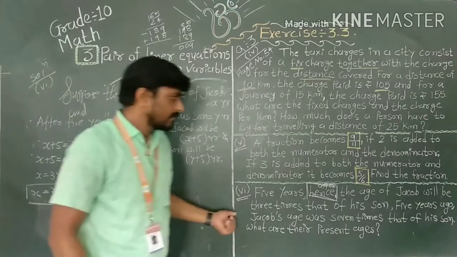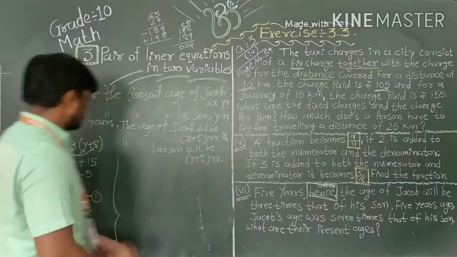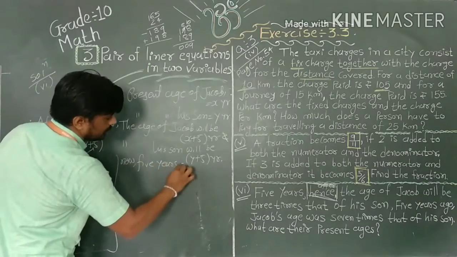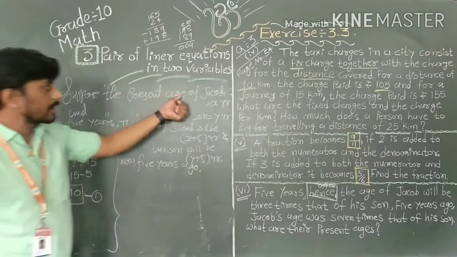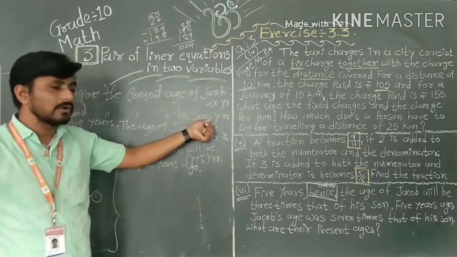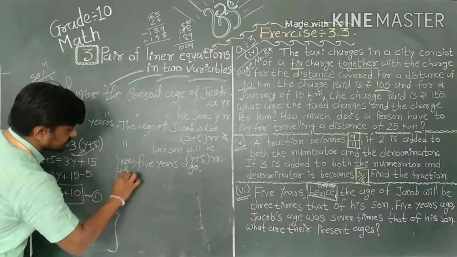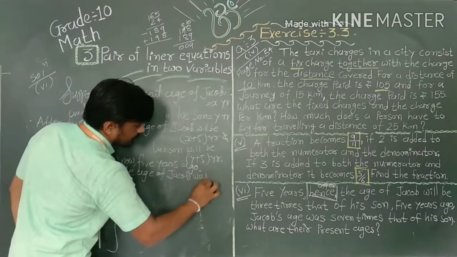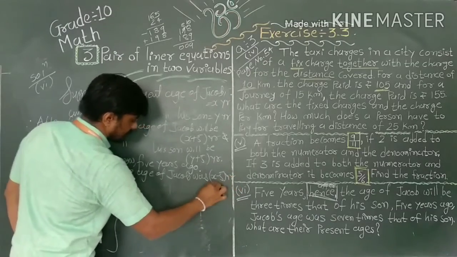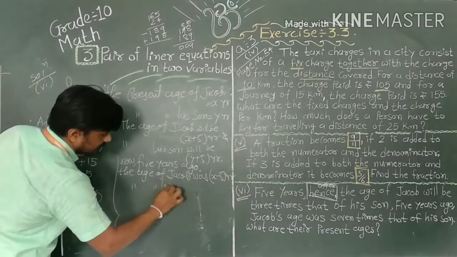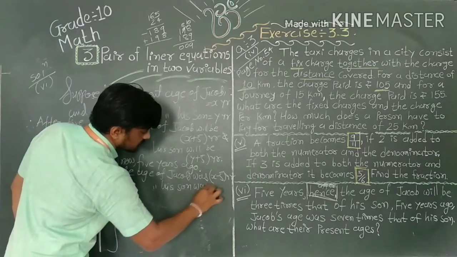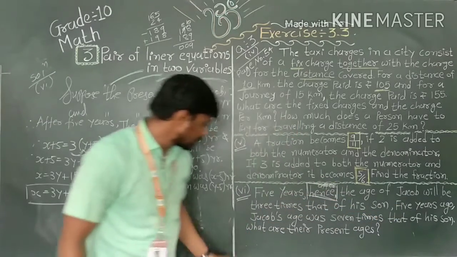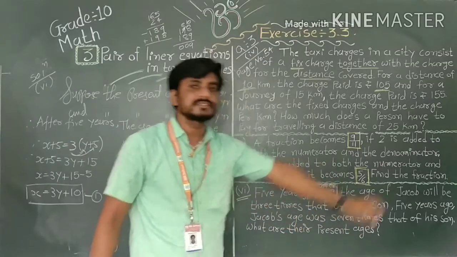Now further, 5 years ago, Jacob was x minus 5 years and his son was y minus 5 years. 5 years ago, Jacob's age was 7 times that of his son.